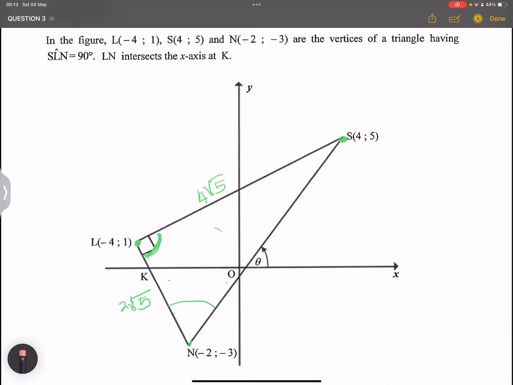So ladies and gents, I want you to consider, for this to be equidistant to S and N, it would mean that it would be sitting somewhere over there, just thinking about it. So it should be the same distance from S to N. So thinking about just those two points, the only way is if it would be the midpoint of SN.